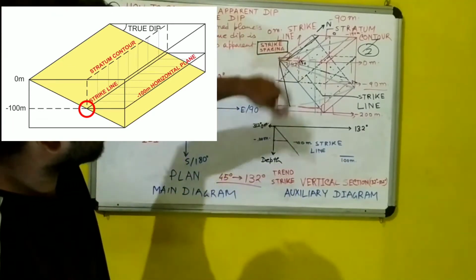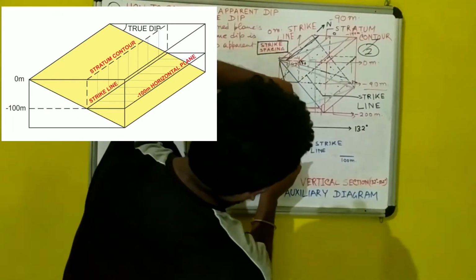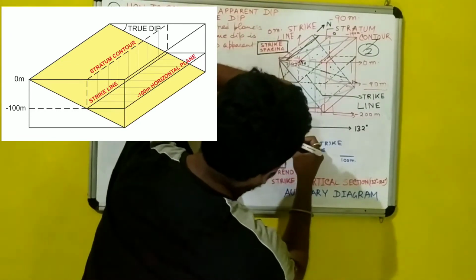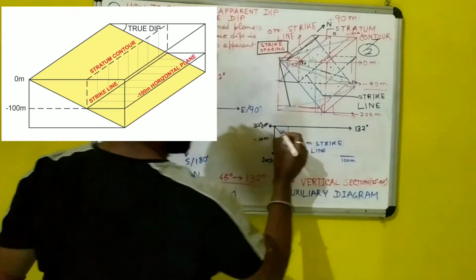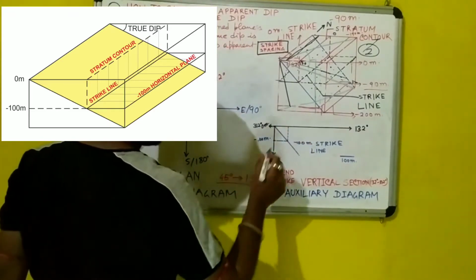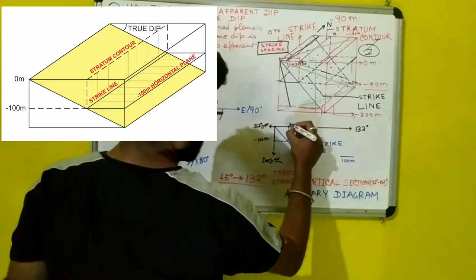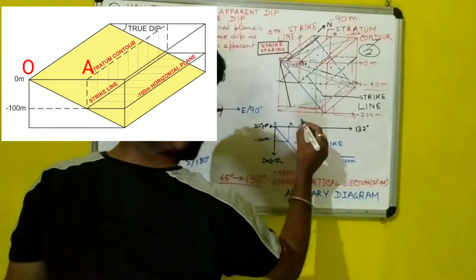To get the stratum contour, we have to project it to the plane vertically above, and this is the point, suppose A, this is the point O.